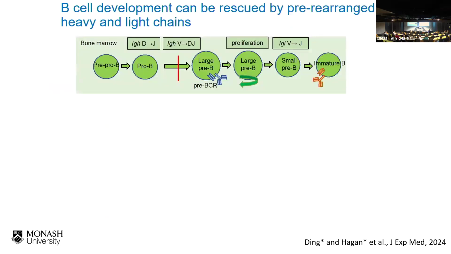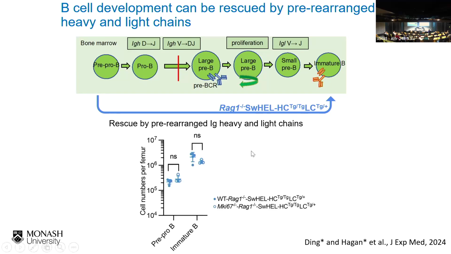So lastly, what we did was to see what happens if we skip over all the rearrangement. We utilized a mouse model that is Rag deficient, so they will have no rearrangement at all, and they bear a pre-rearranged Ig heavy and light chain, so that they're forced to go from pre-pro-B to immature B cells. We crossed those mice to our Ki67 deficient mice and looked at their pre-pro B cell numbers and immature B cell numbers.